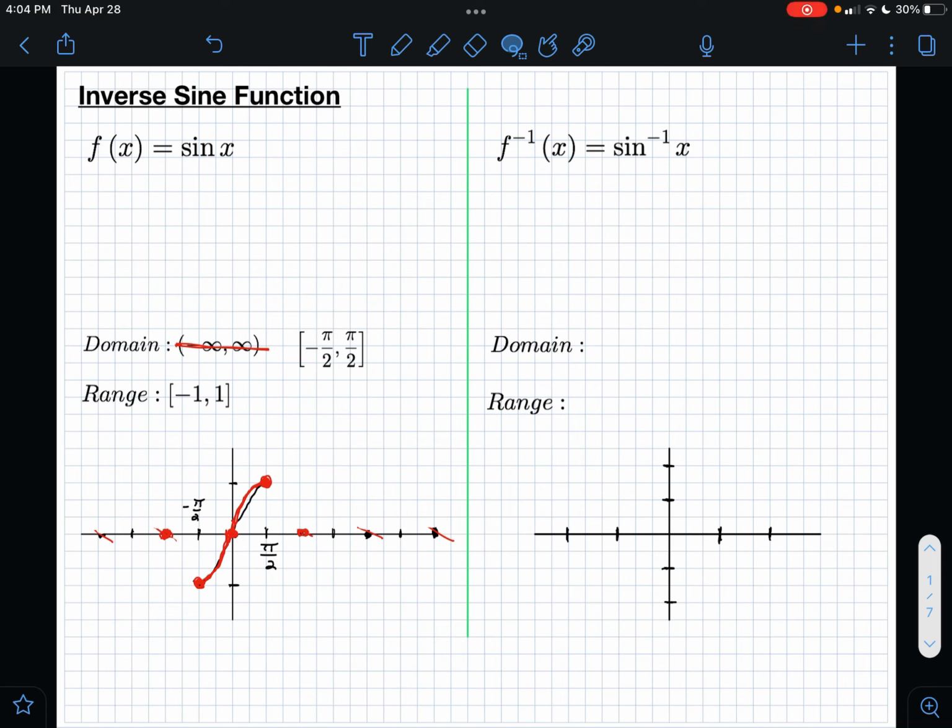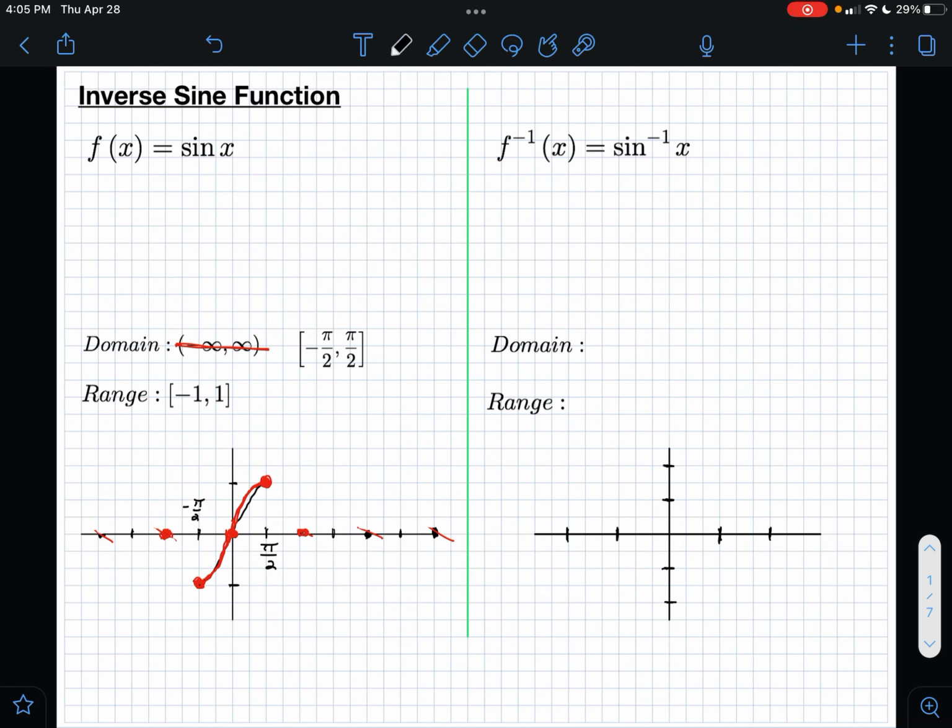So, to start with, one of the relationships between a function and its inverse is that all of the characteristics of the inputs and outputs swap, which means that in order to understand the domain of the inverse sine function, we need to take the range of the original sine function.